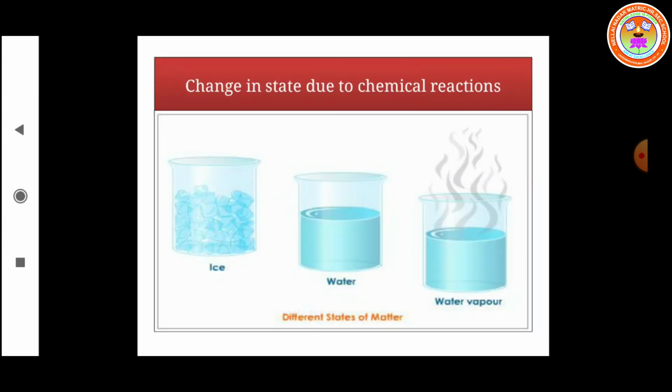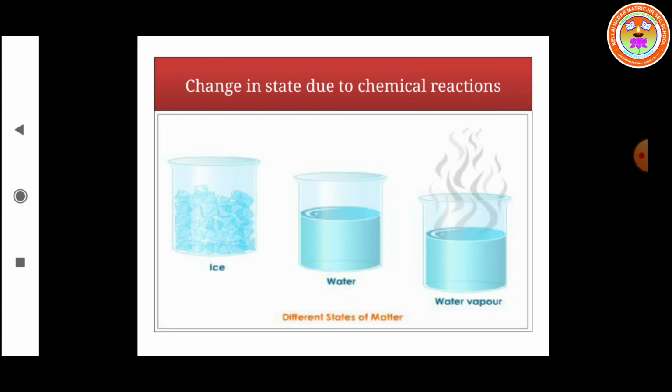Okay, children. See, the next one is change in state due to chemical reactions. When ice cubes are kept in open air, ice cubes start absorbing the heat from the atmospheric air and start melting. As a result, liquid water is produced. When liquid water is heated, we get water vapor.